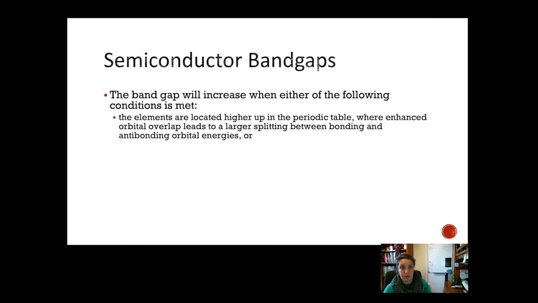Remember, if we have greater orbital overlap, we're going to have lower energy bonding orbitals and higher energy anti-bonding orbitals. So the greater the overlap, the greater the split between that HOMO and LUMO, so the greater the band gap.